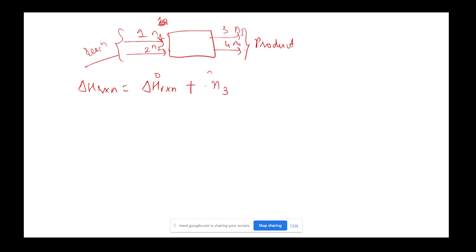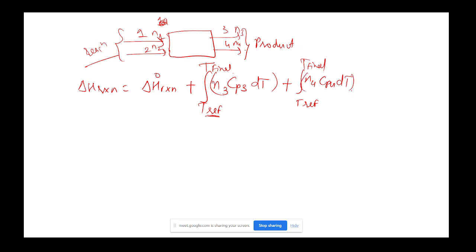So N3 integration from T reference to T final, because I need this temperature change. T reference is 25 degrees Celsius. So N3 into Cp3 dT plus integral from T reference to T final of N4 into Cp4 dT. These need to be added because these are generated.